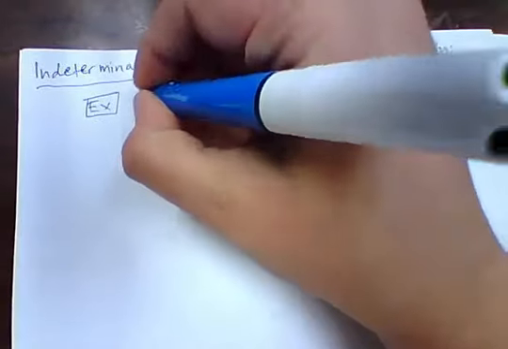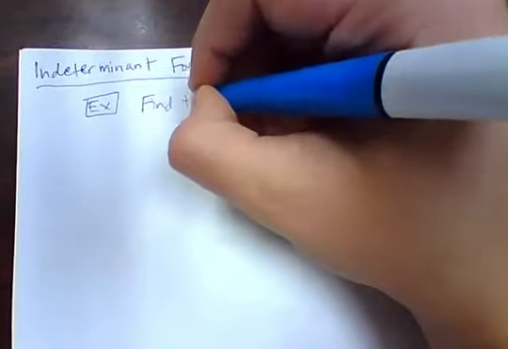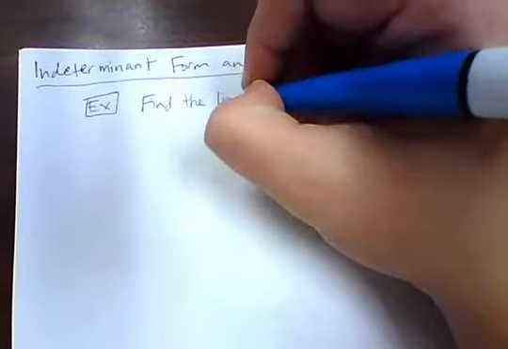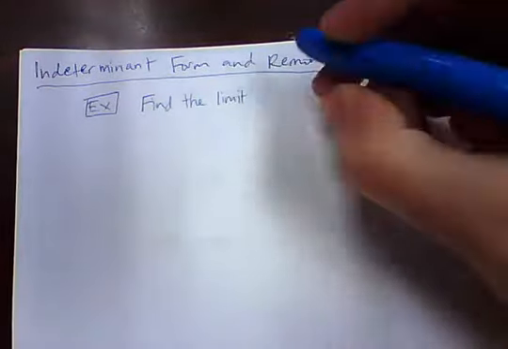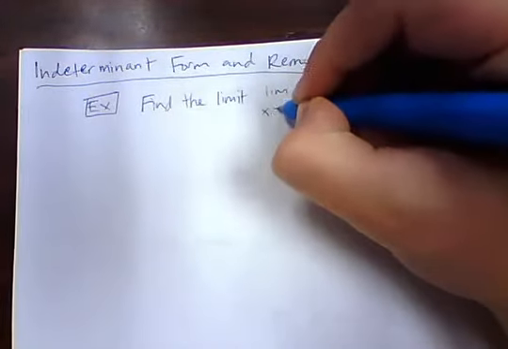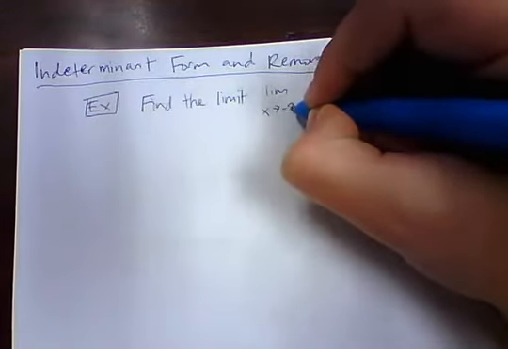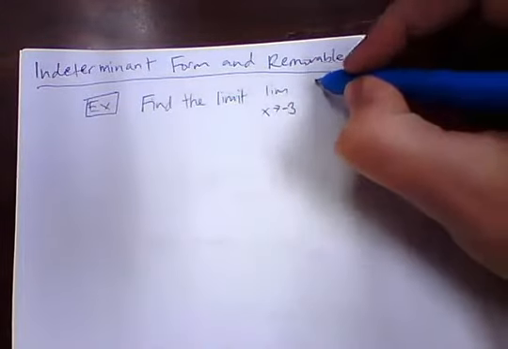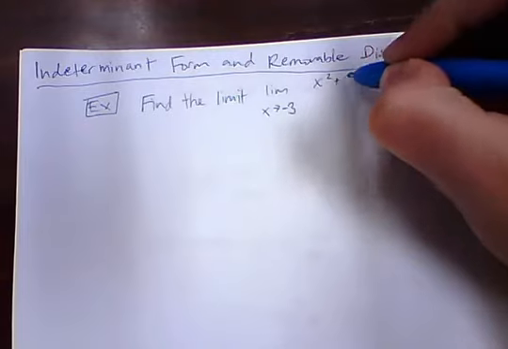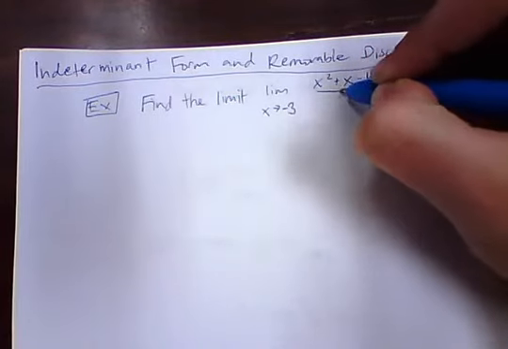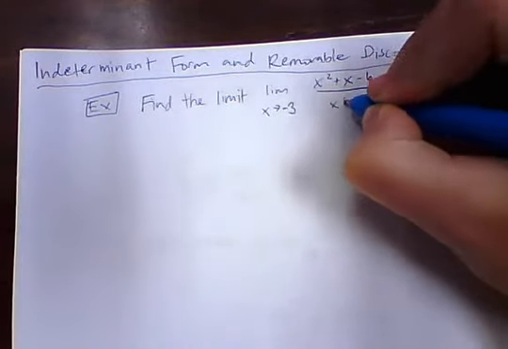So say we're asked to find the limit as x approaches -3 for the function x squared plus x minus 6 all over x plus 3.